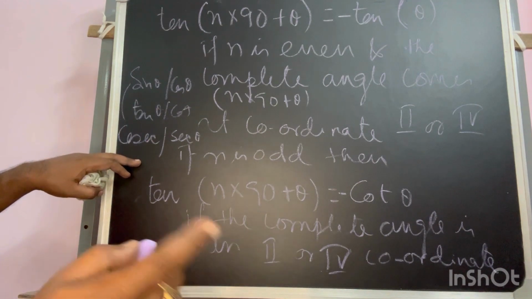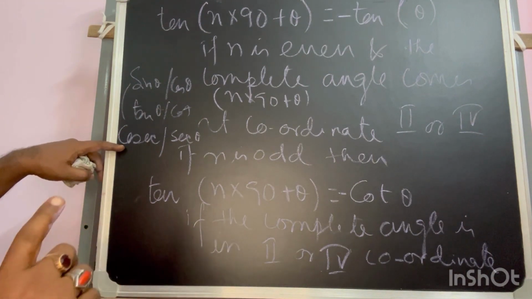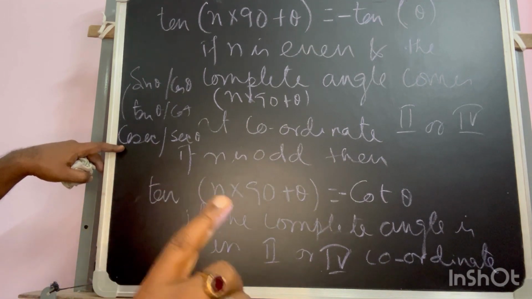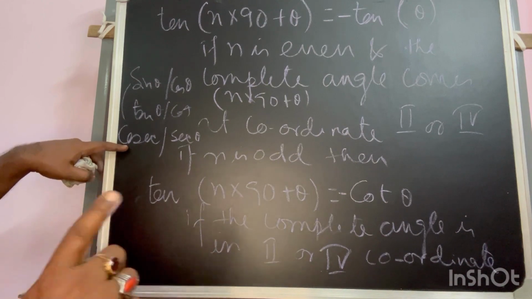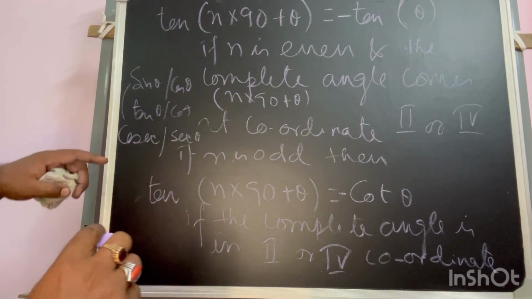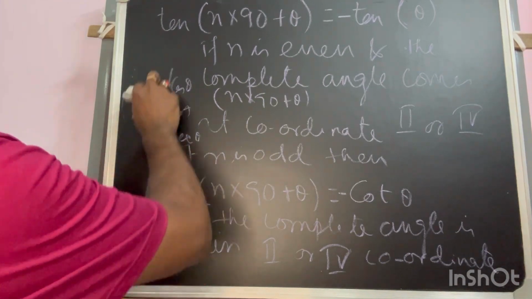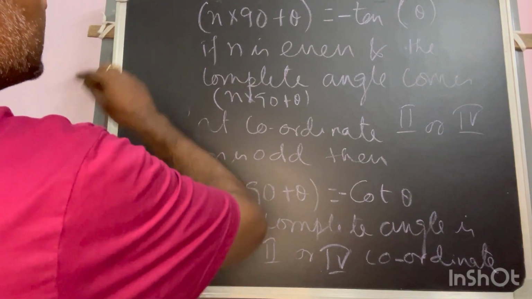So this way it will respond the same. Cosec will be minus cosec if it is falling in third and fourth coordinate and n is even. Cosec will be minus sec if it is falling on. So let me write it, because everything I have written. This is the same way.